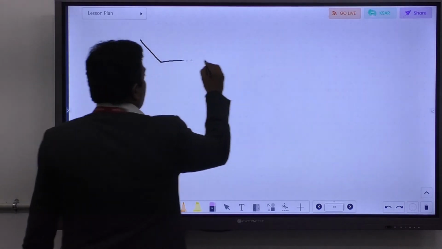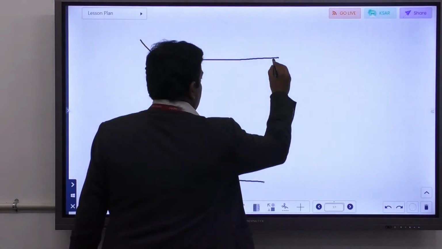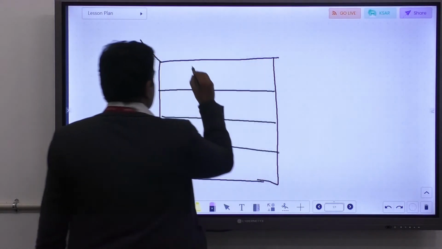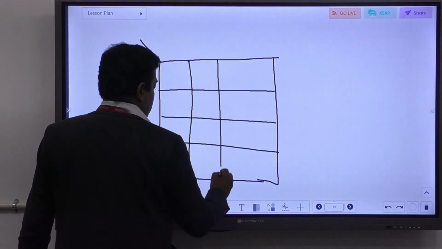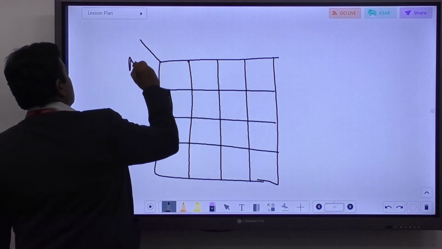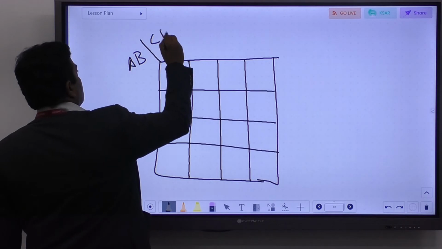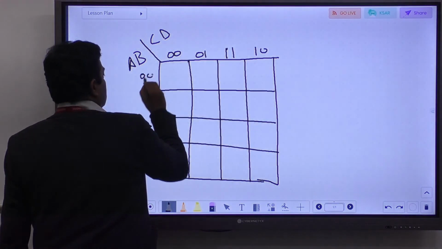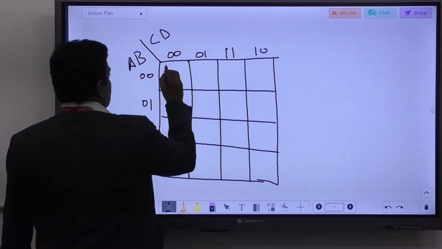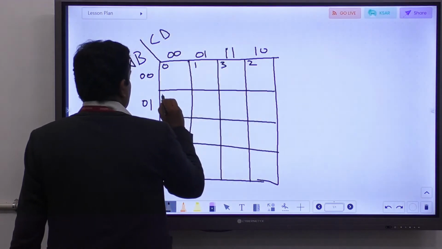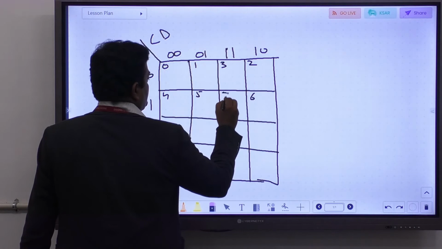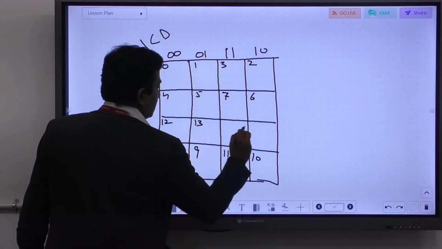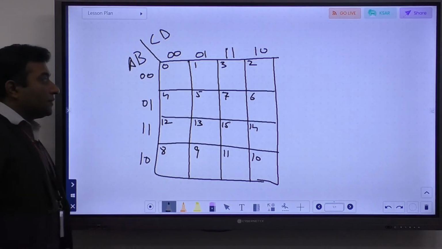Now let's draw a 4 variable K-map. Okay, so this is a 4 variable K-map.